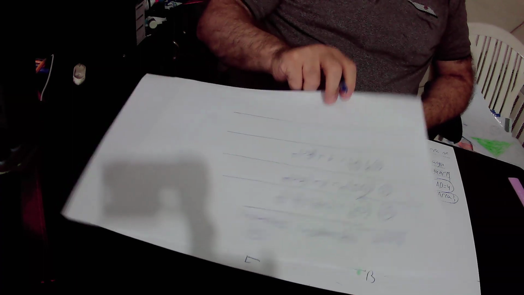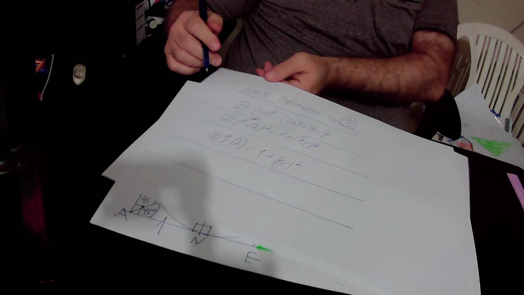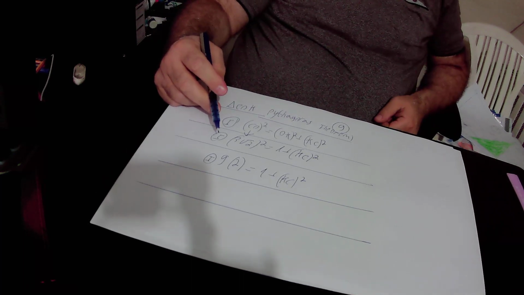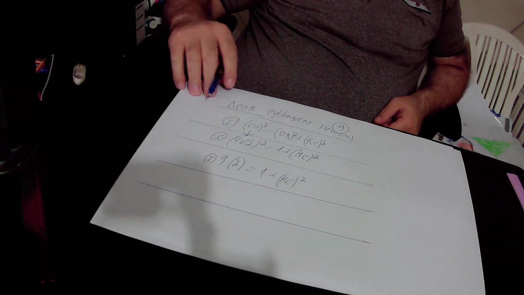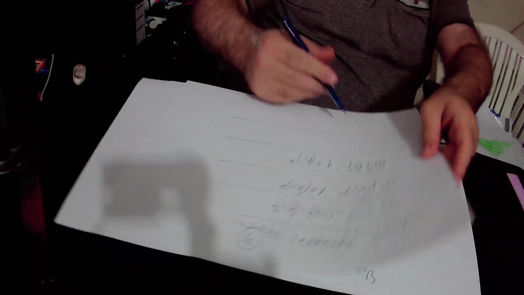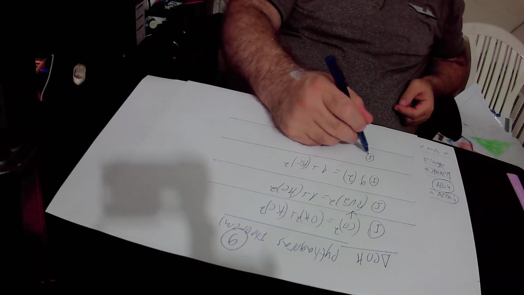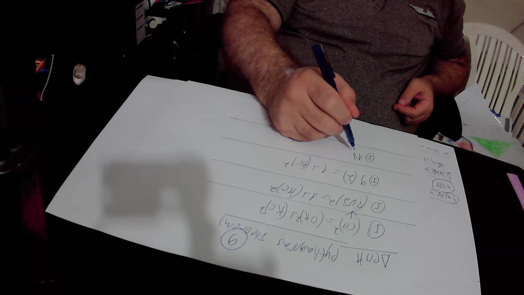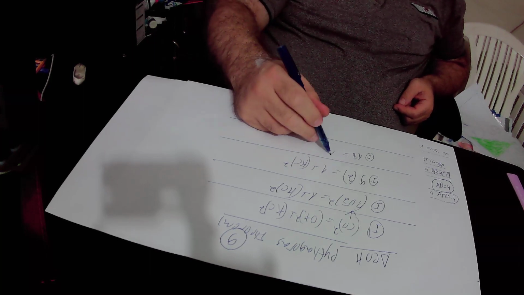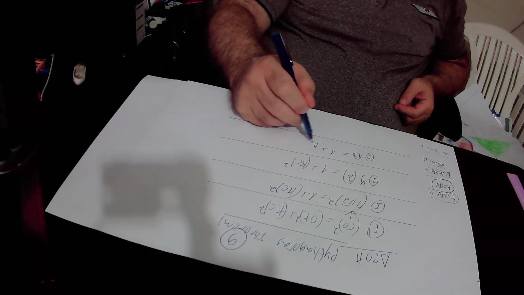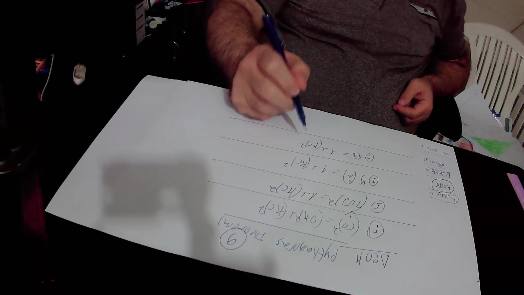Here, first of all, we know that 9 times 2 is 18, so we write it down that 18 equals 1 plus KC squared.